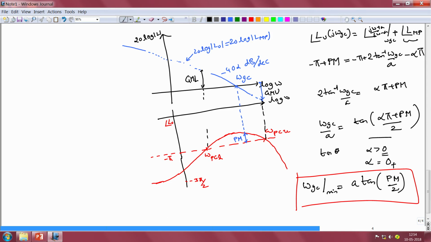So, let us undertake an analysis where we have been specified a certain gain margin lower, GML, that has to be achieved and a certain phase margin that has to be achieved, and let us see what kind of fundamental limitations or restrictions there would be on the gain crossover frequency in the presence of these two specifications.